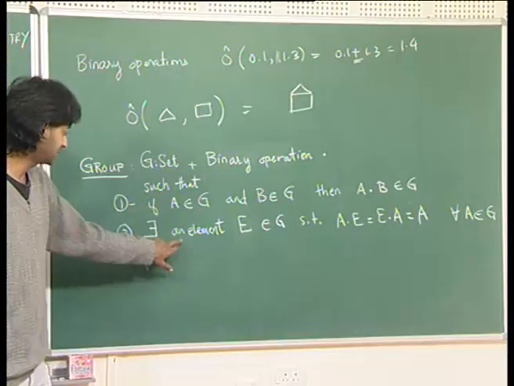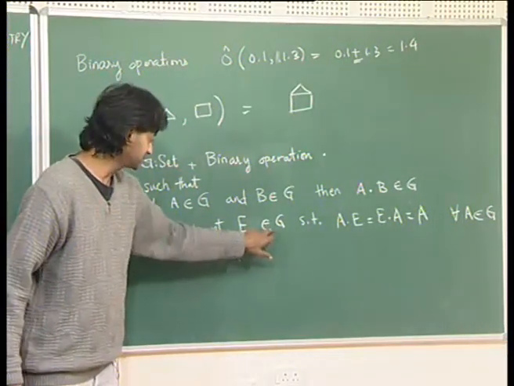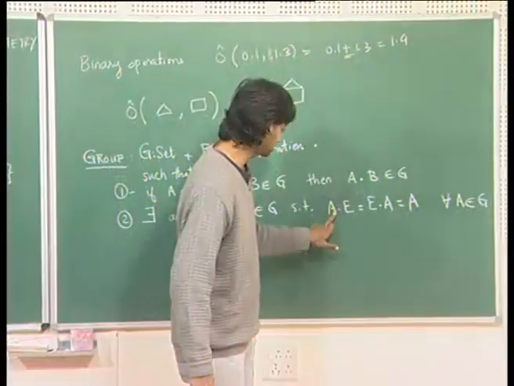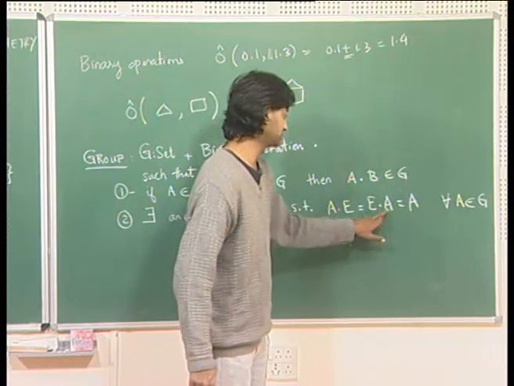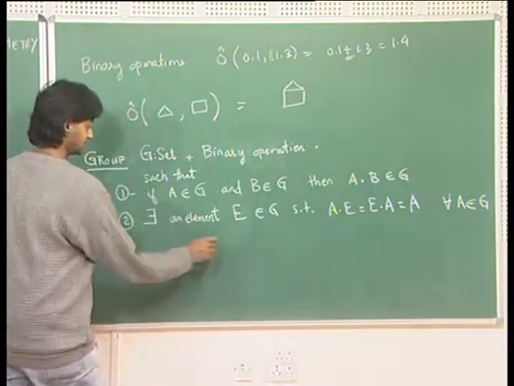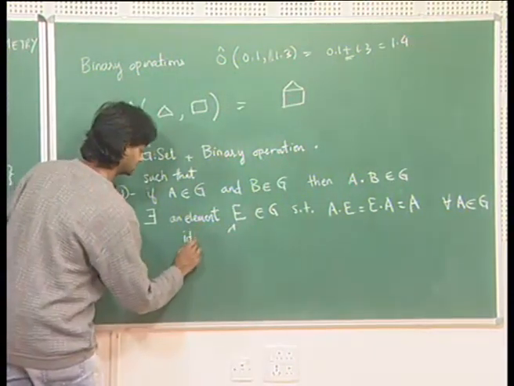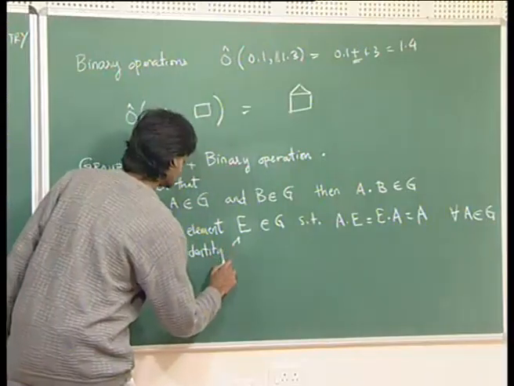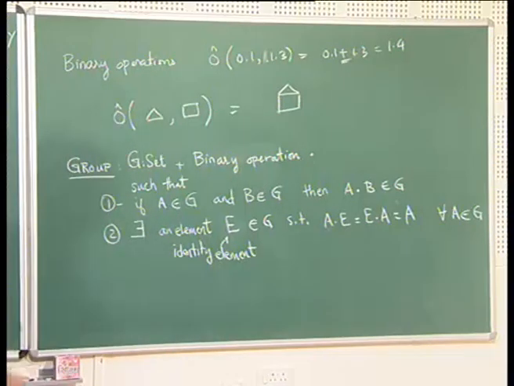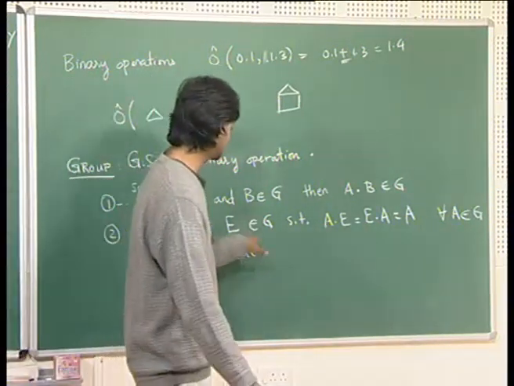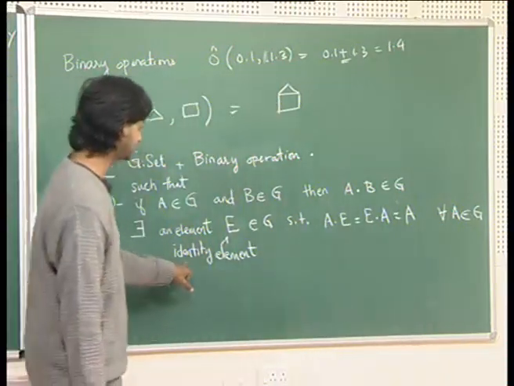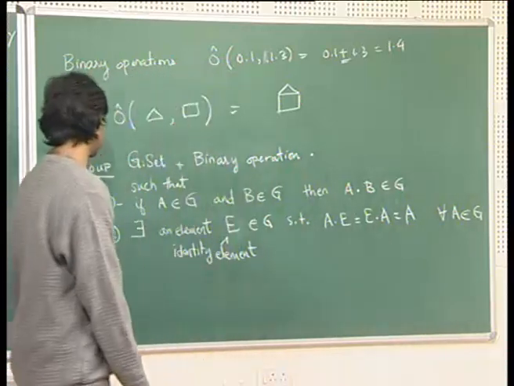So, there exists an element E which is a member of G, such that the binary operation of A with E is equal to the binary operation of E with A, and that is equal to A. So, E is called the identity element. This is the identity element for this particular binary operation.